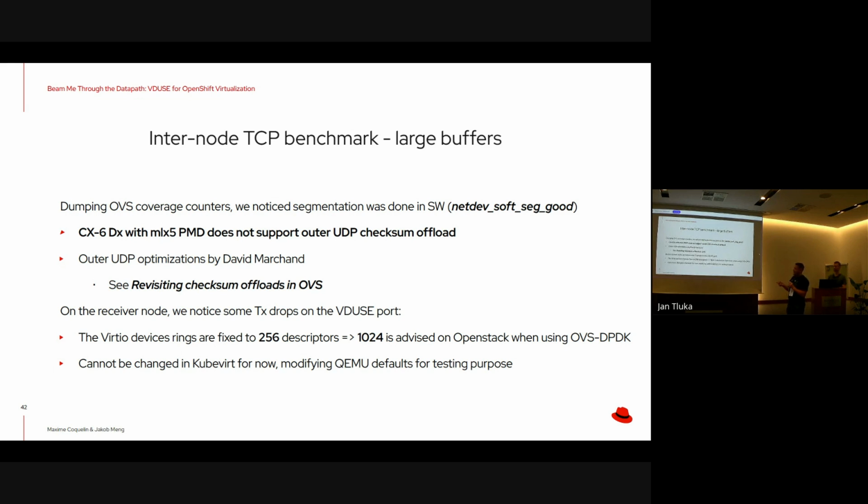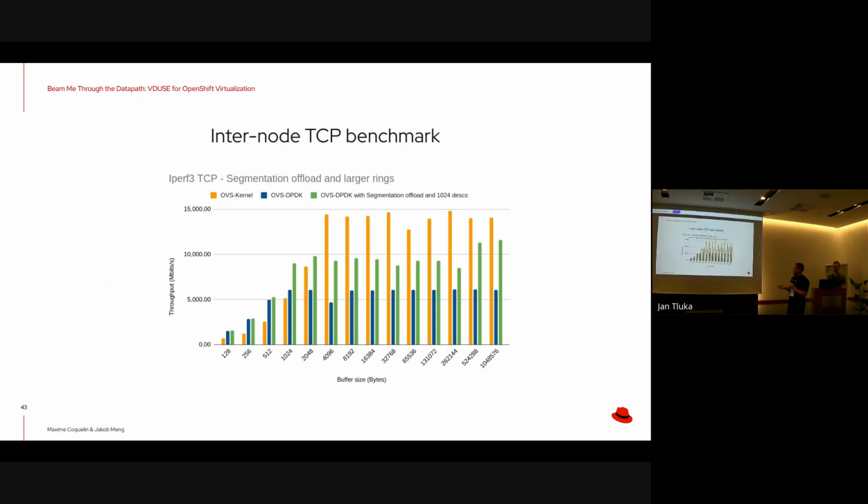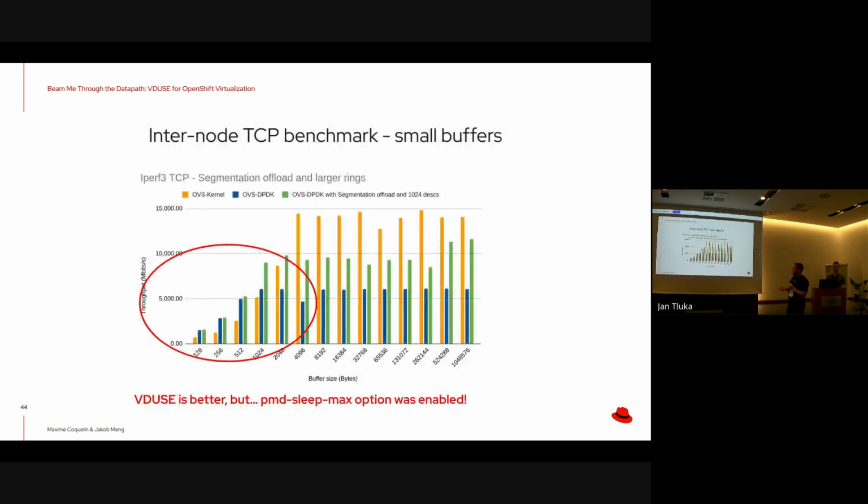It's not currently possible to do that by configuring KubeVirt, but for the purpose of this POC, we just patched the QEMU defaults and rebuilt QEMU. With these changes, we recover part of the gap we have with the kernel solution. We are still not at the same level. And for smaller buffers, we are better than OVS kernel for up to 2K buffers.